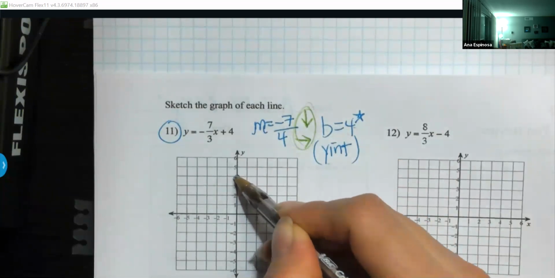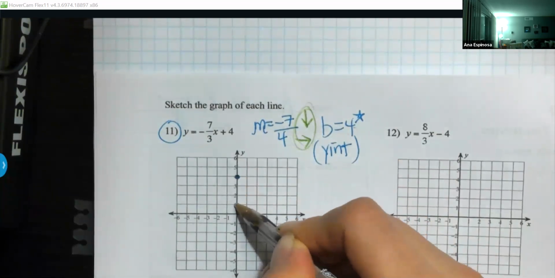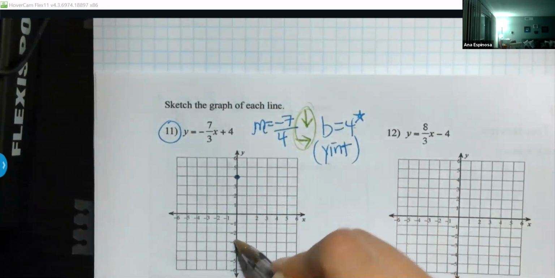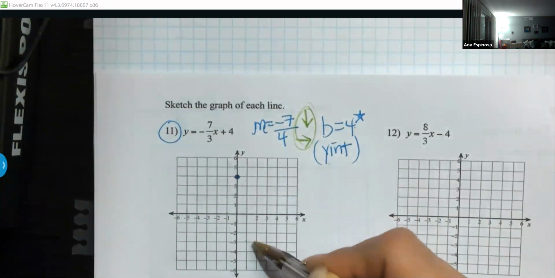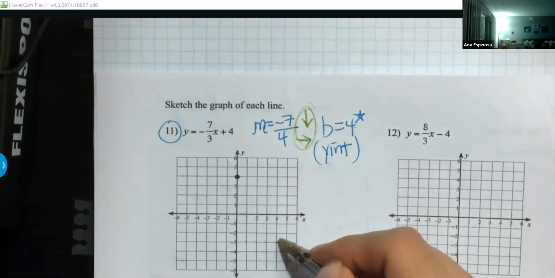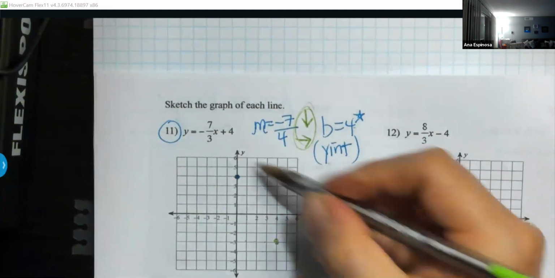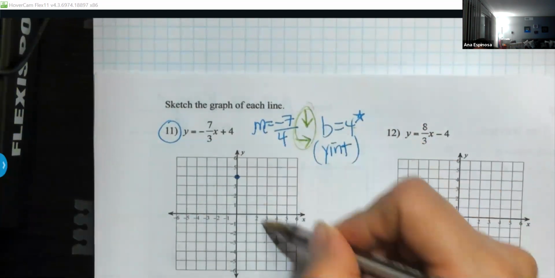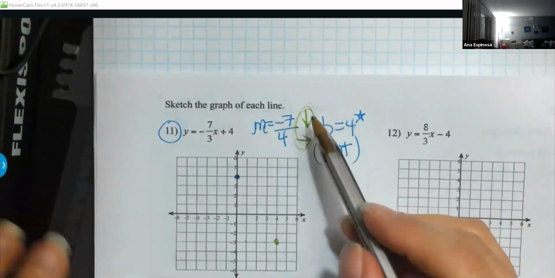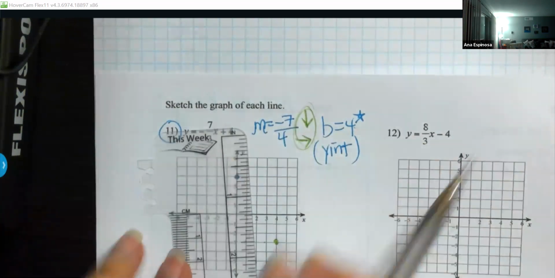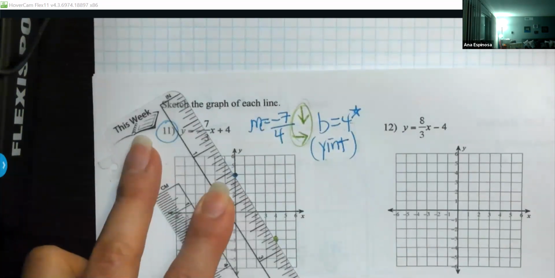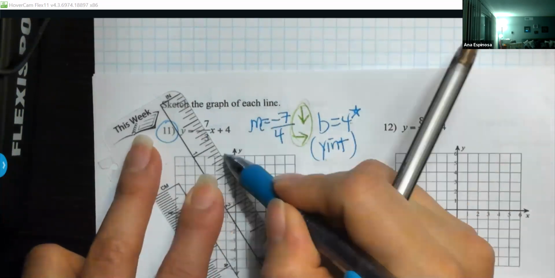I'm going to go 7 down. 1, 2, 3, 4, 5, 6, 7. And then go over 4. 1, 2, 3, 4. Once I plot this, I can see that my line is going to be a negative slope, which matches my slope. And that is enough for me to graph this line.